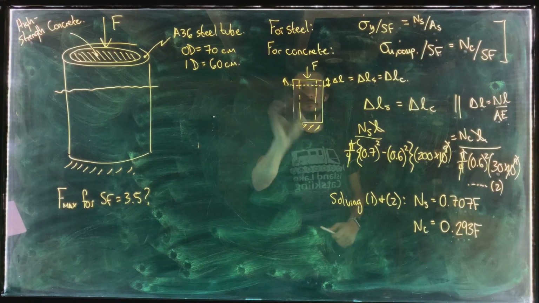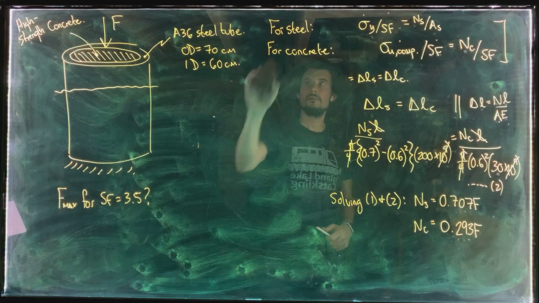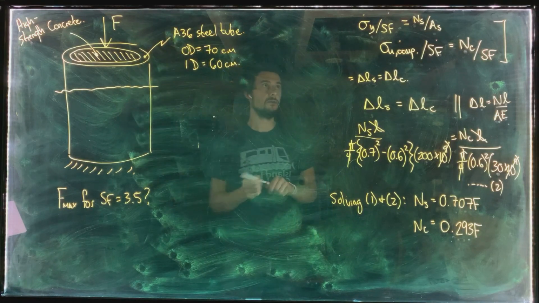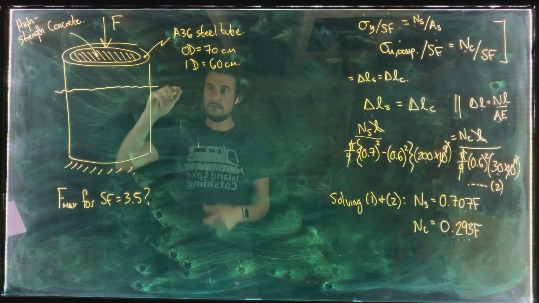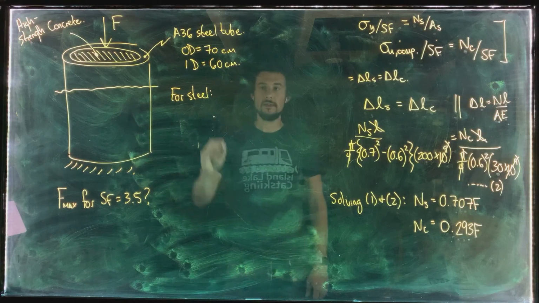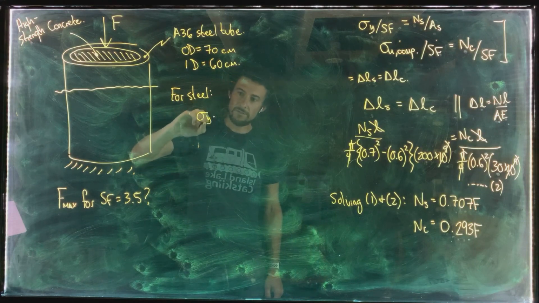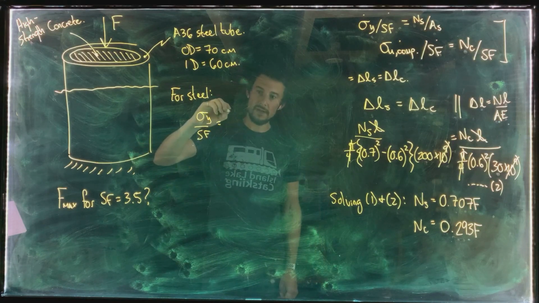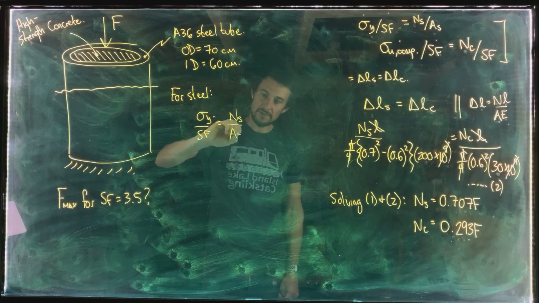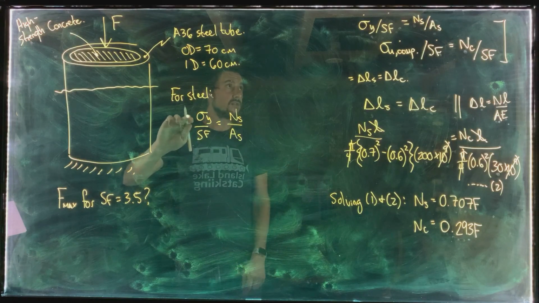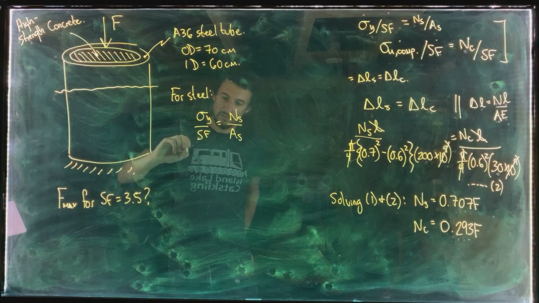So let's do that. Okay, so for the steel, first of all. We're going to say that the yield strength for the steel divided by its safety factor, we're going to let equal the normal stress in the steel, which is the normal force in the steel divided by the cross-sectional area of the steel. Taking that down to the next line here, the yield strength for A36 steel is 250 megapascals.